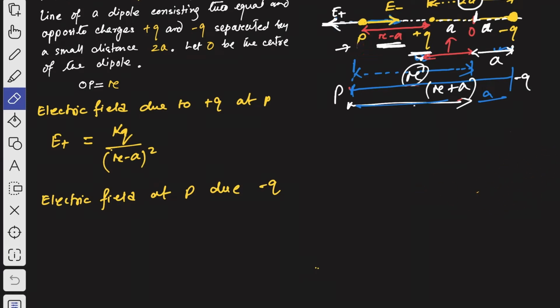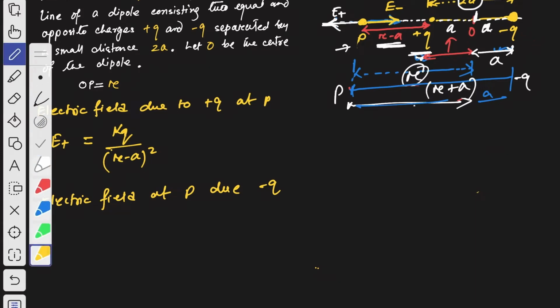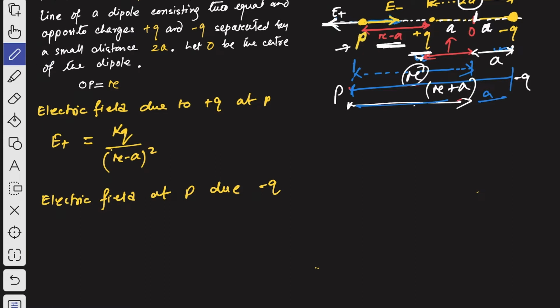This is the point P, this is the negative charge Q, and this is the center O.